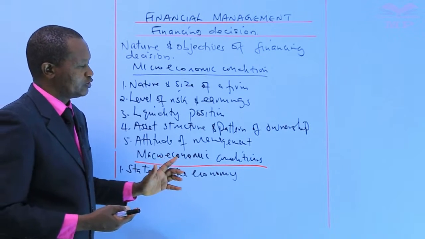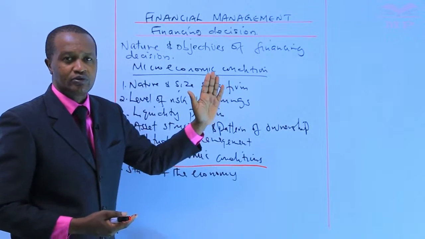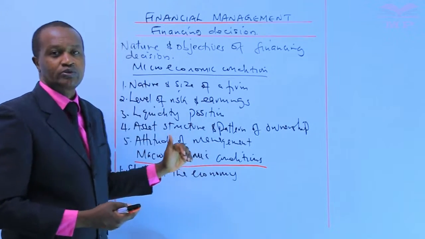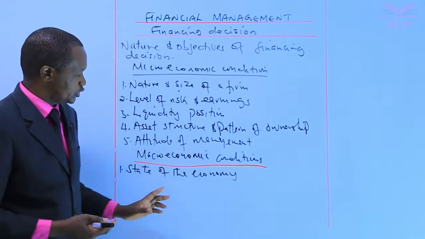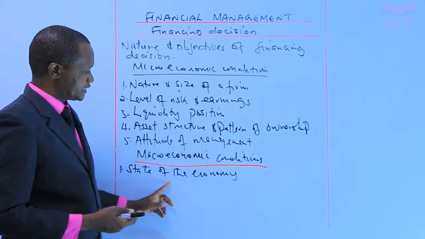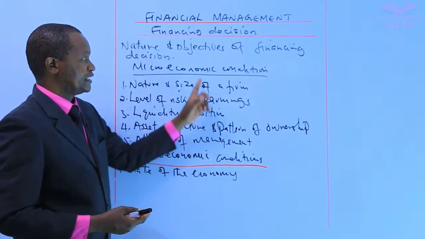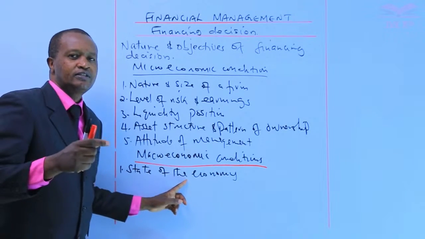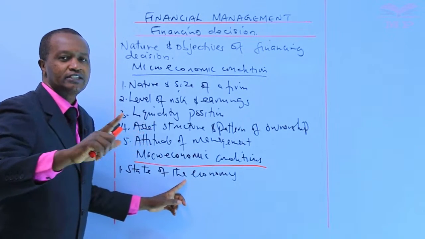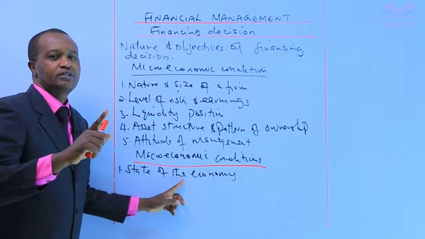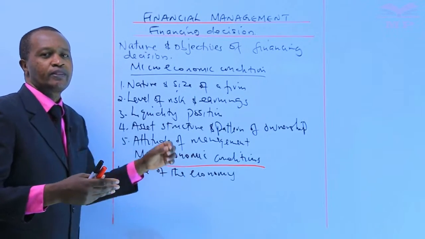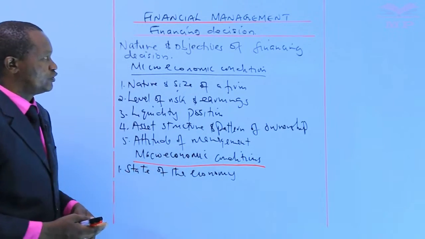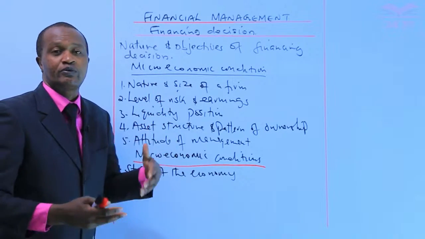So this economy could be recovering or growing. The economy can also be slowing down, what we are calling a slump. So those two economic conditions, the state of the economy, can affect the financing decisions of a company. All right? And candidates, when the economy is facing a slump, it would not be advisable to go for an expansion program, because an expansion program would call for sourcing of financing, say, from debt.